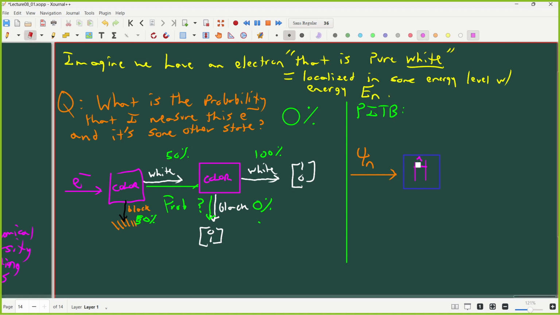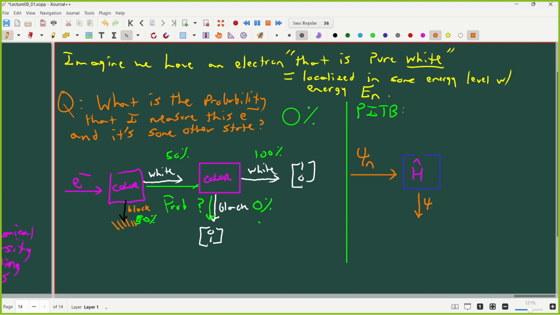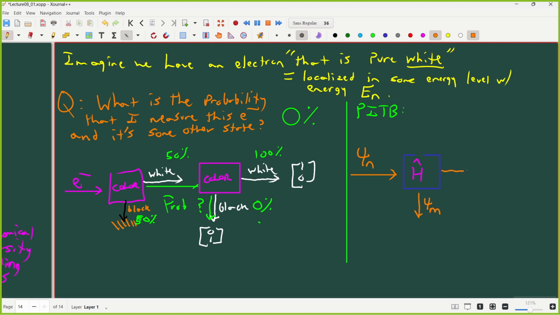The question we're going to ask is, what's the probability of the electron coming out in some other state, psi m, versus psi n, where m is not equal to n?